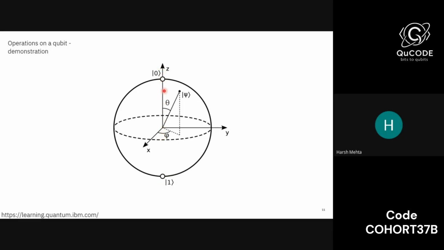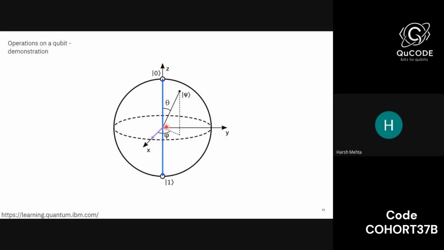If you initialize your qubit in state 0, then the state of the qubit is represented by this blue line. If you flip the state, then you will see something like this. If you again rotate your state along the x-axis, or you apply an H gate, then you will see something like this.